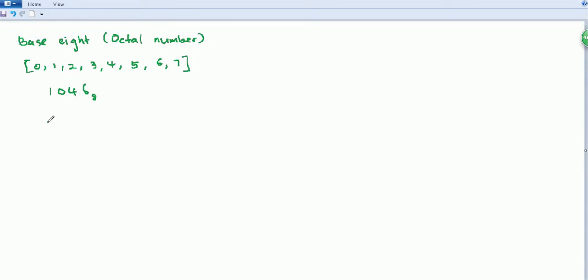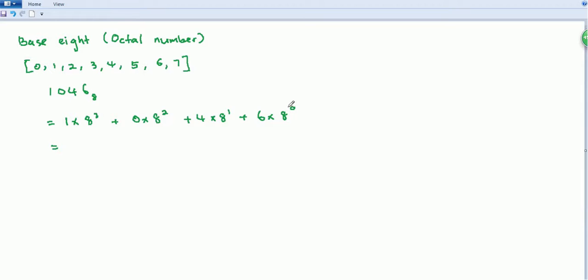The place values are 8 to the power of 0, 8 to the power of 1, 8 to the power of 2, and 8 to the power of 3. So we have 1 multiplied by 8 to the power of 3 plus 0 multiplied by 8 to the power of 2 plus 4 multiplied by 8 to the power of 1, and the last one will be 6 multiplied by 8 to the power of 0.